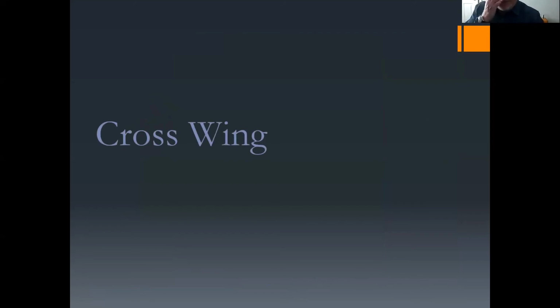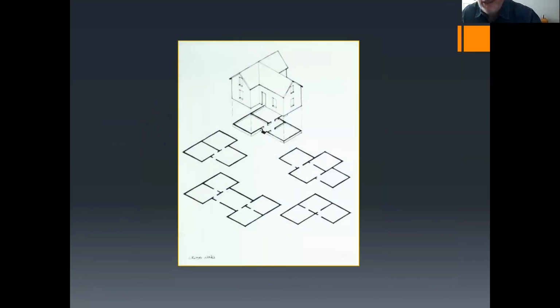And then the most common type of Victorian form in Utah that took over from the hall parlor, starting around the 1880s or 1890s, is the crosswing. This shows a good example of the various types of crosswings you have.